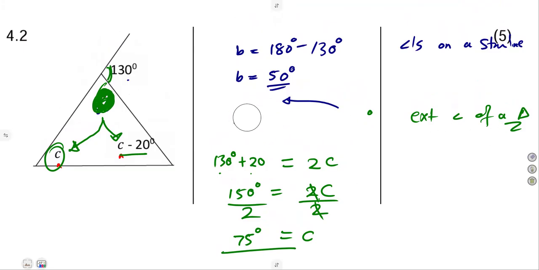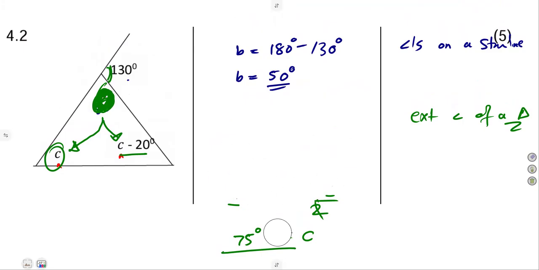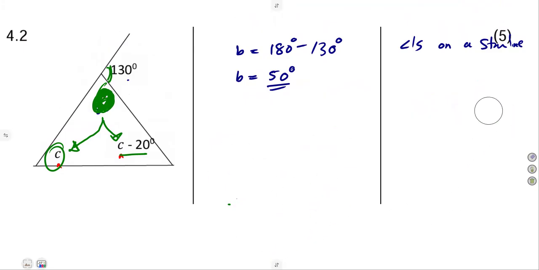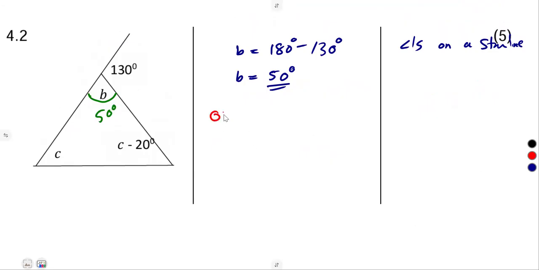Anyways, we can also opt for this way. Since we have got angle B as 50 degrees, another way to calculate angle C is using angles in a triangle.